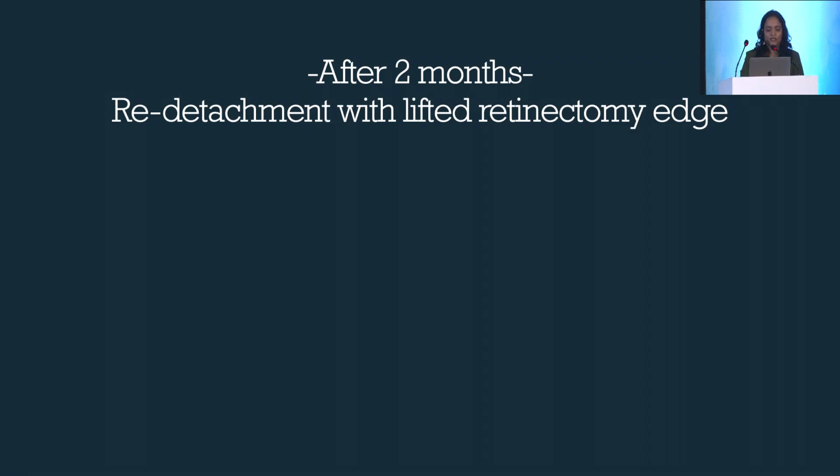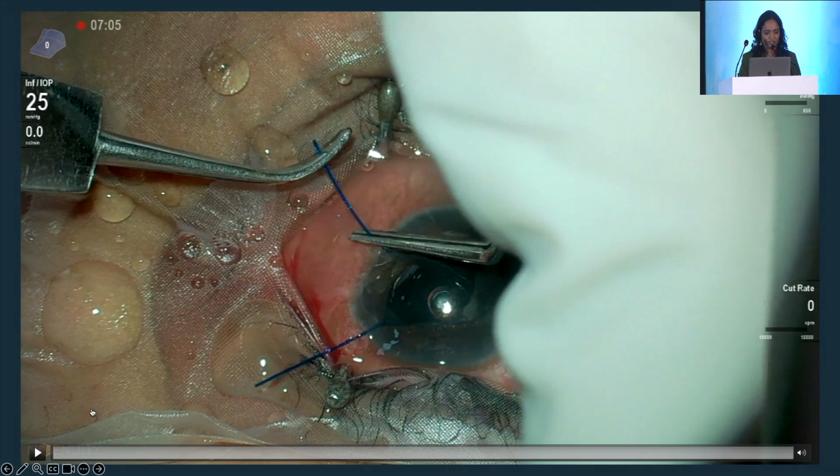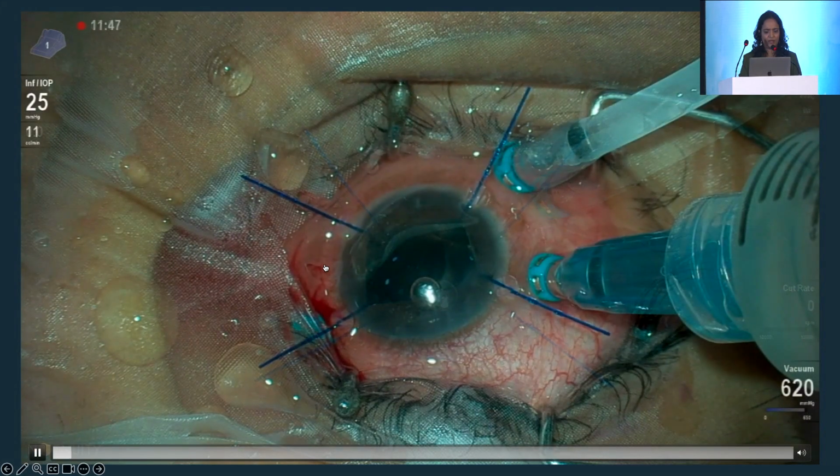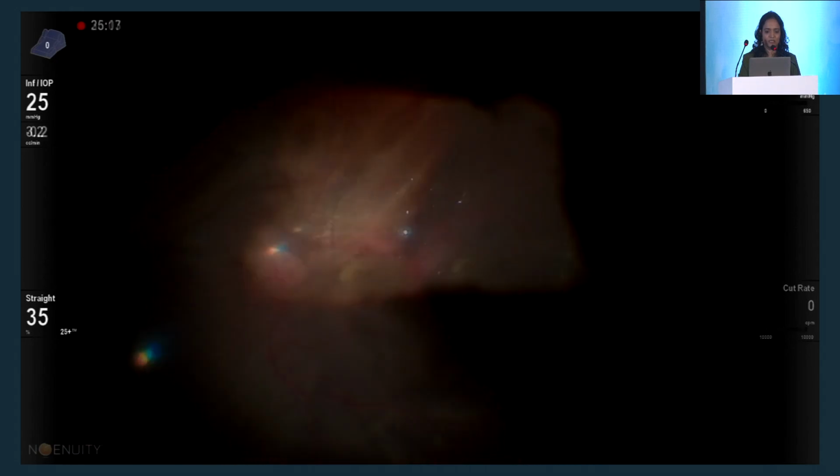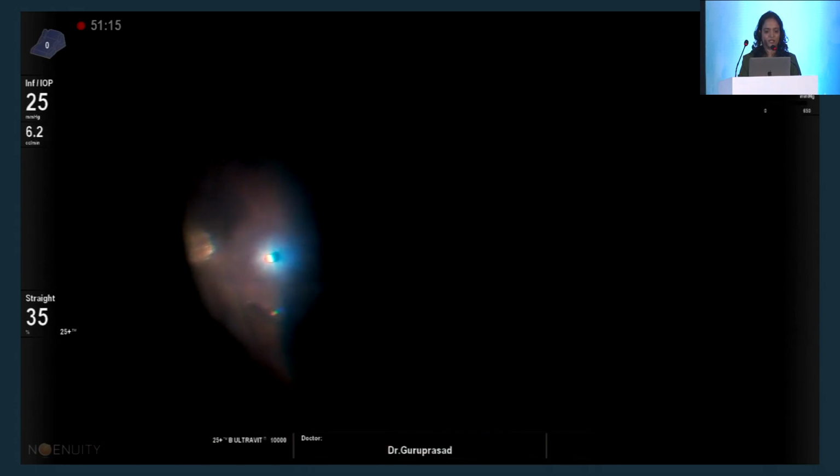Now, after 2 months, the patient had a redetachment with lifted retinectomy edge. Now this time, I had to use iris hooks. I thought I was doing a reasonably decent surgery, removing all the membranes meticulously.